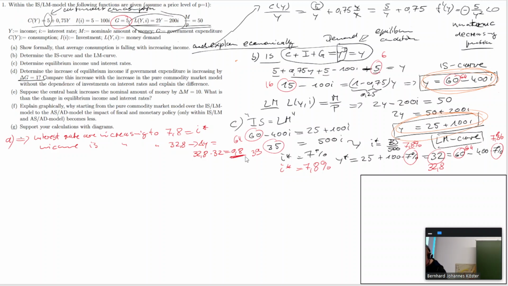Why do I calculate this? Well, I posed also the question, compare this increase with the pure commodity market model. So what does it mean? This means, what would happen if we skip in the commodity market this interest rate dependence.